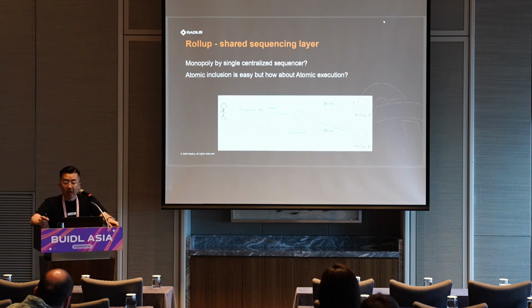But the sequencer cannot guarantee that the blocks it proposed are actually executed or not. So we need an additional mechanism to guarantee atomic execution as well. I will explain that later.